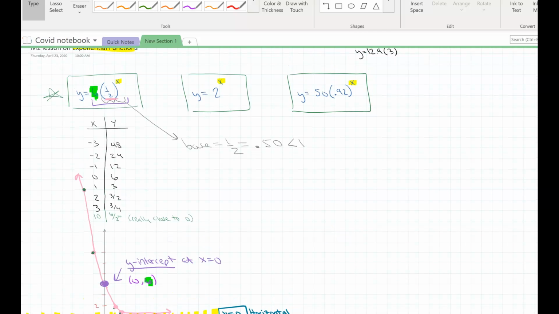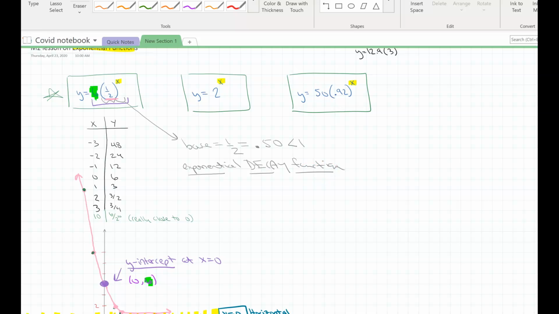Because the base is less than 1, we're calling this an exponential function that is decreasing. While we can go to a party and say it's an exponential function that is decreasing, we can also use the proper labeling and call it an exponential decay function.